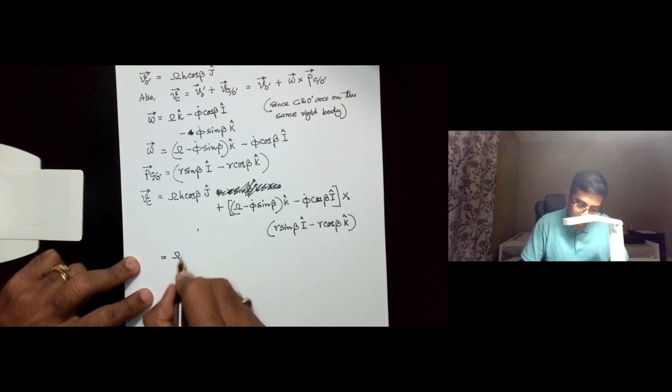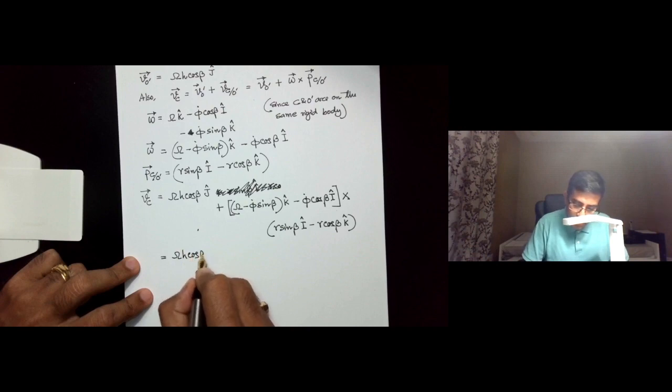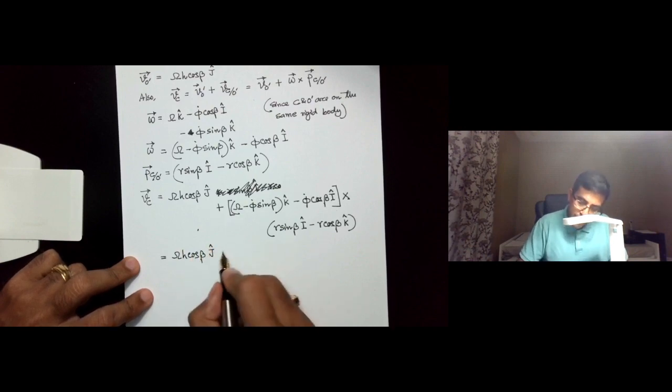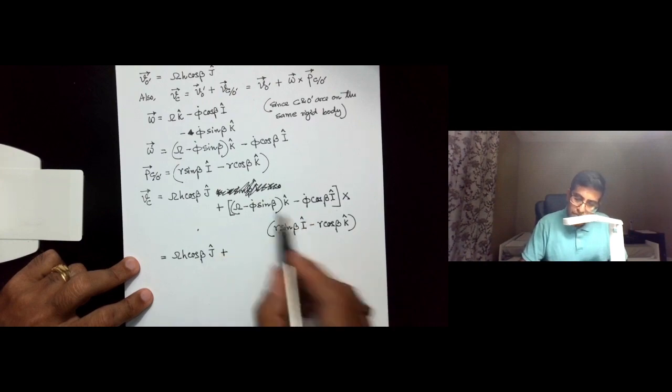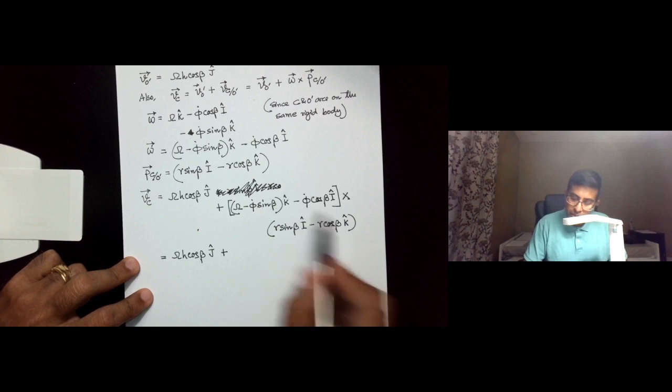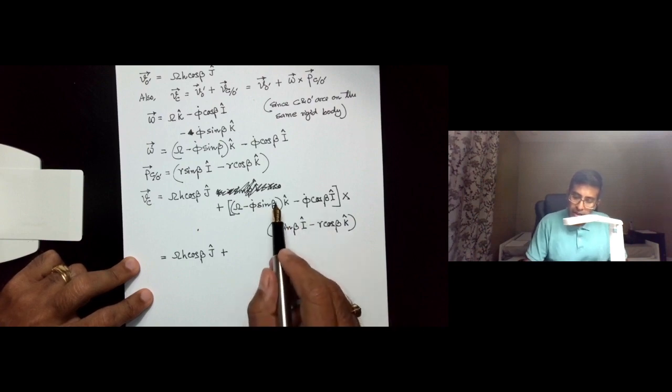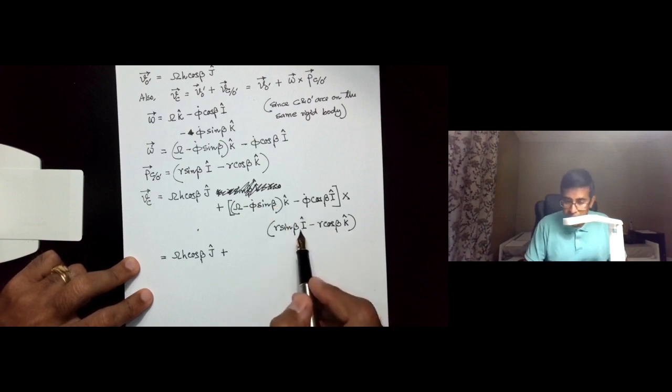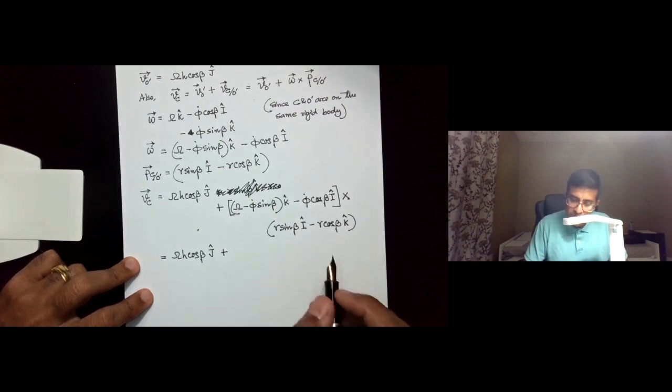So I have omega h cosine beta j plus k cross, so if I do a term by term cross product, then k cross I is going to be j and k cross k is going to be 0.